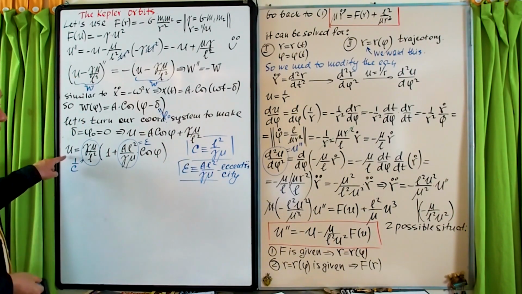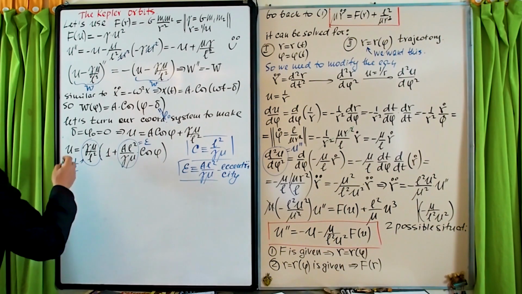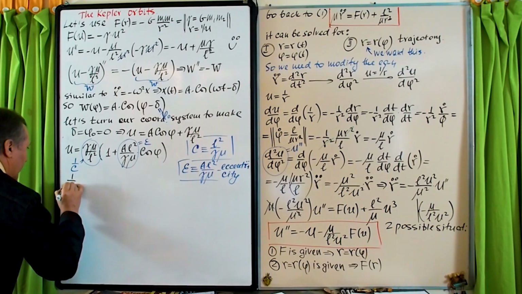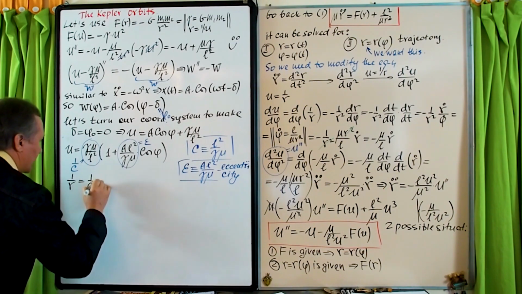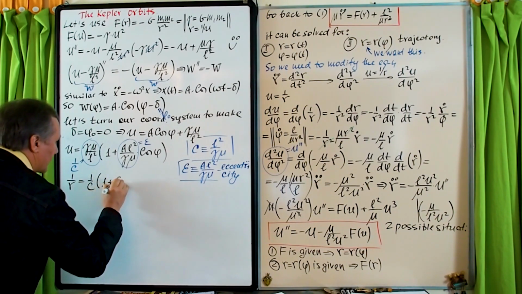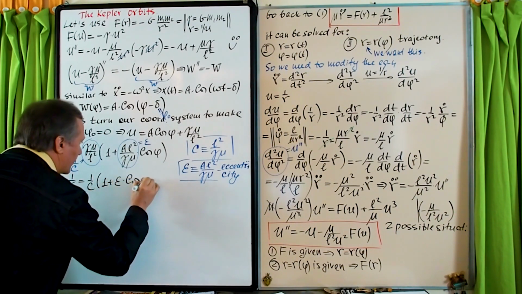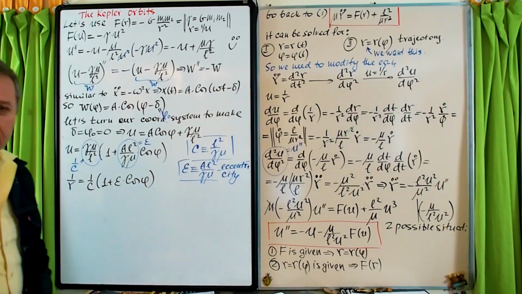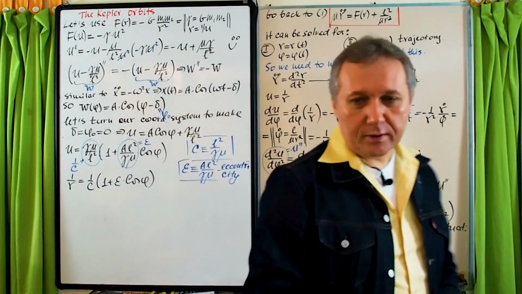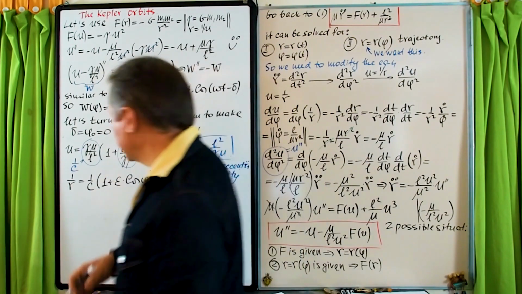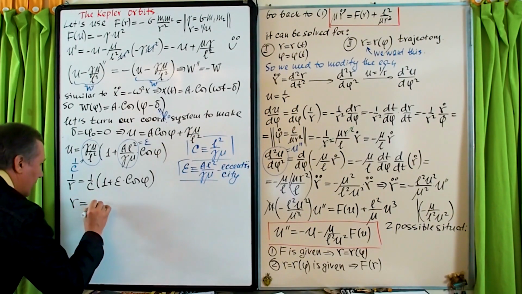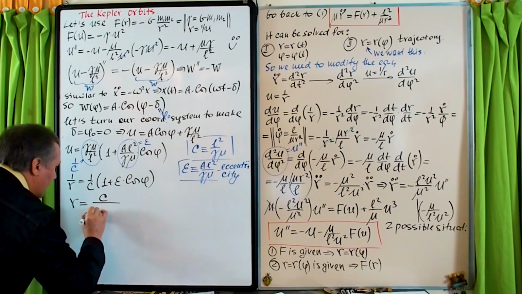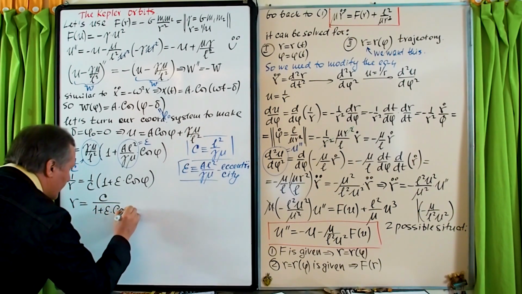And again, u is 1 over r. So let me rewrite. 1 over r equals, so this is 1 over C, times 1 plus eccentricity times cosine phi. Okay, so now let's just make the final push. Just flip it. So r equals C divided by 1 plus eccentricity times cosine phi.